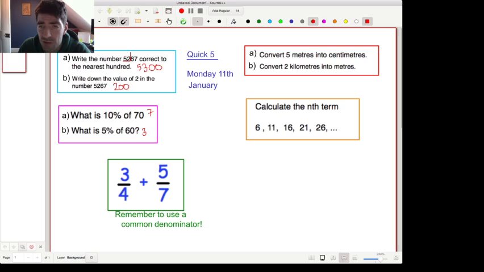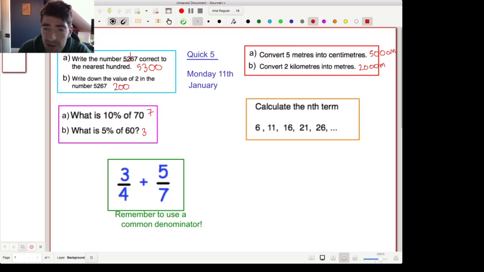Well, a centimetre is 1/100th of a metre, so in 5 metres there will be 500 centimetres. And convert 2 kilometres into metres. Well, a kilo means 1,000, just like kilograms, so a kilometre is 1,000 metres, so 2 kilometres is 2,000 metres.